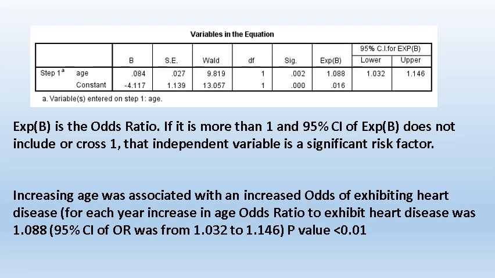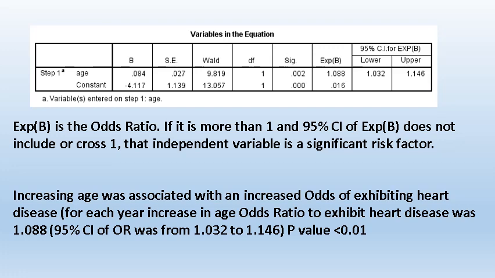So here the odds ratio is more than 1, 1.088, and the 95% confidence interval of the odds ratio is between 1.032 to 1.146. So both the lower limit and upper limit of the 95% confidence interval of the odds ratio are more than 1. So it is a statistically significant risk factor.